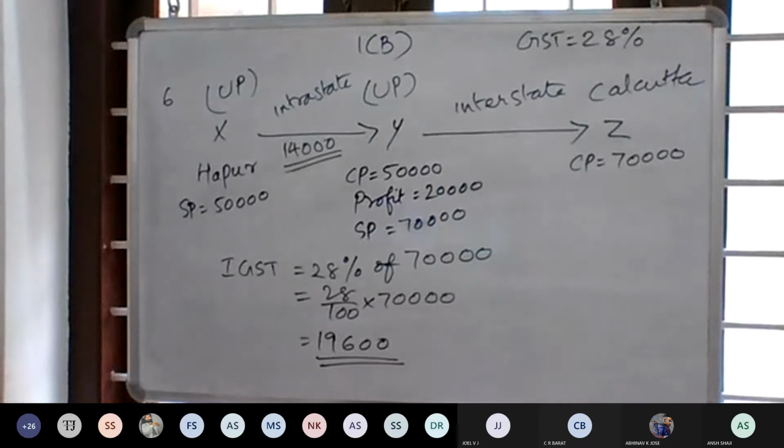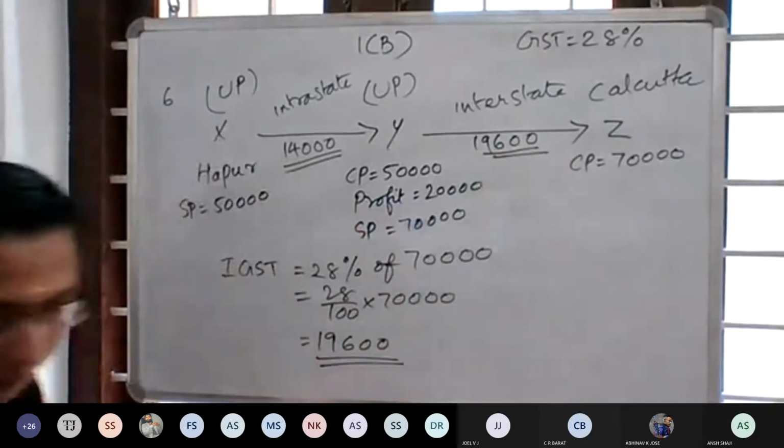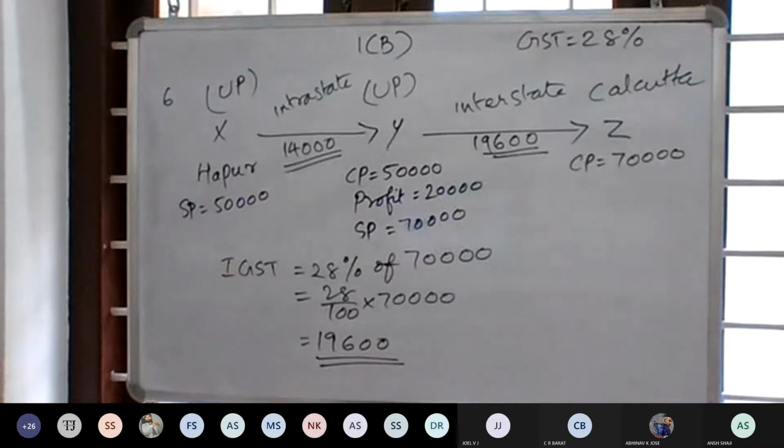That is rupees 19,600. So here we got the GST as 19,600.